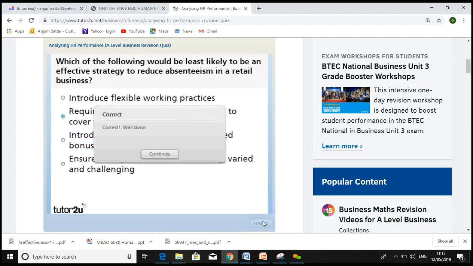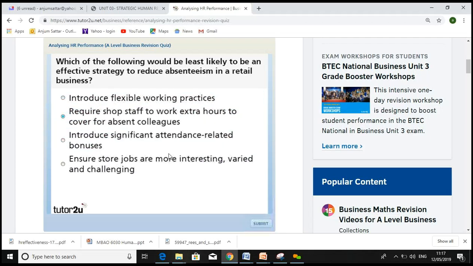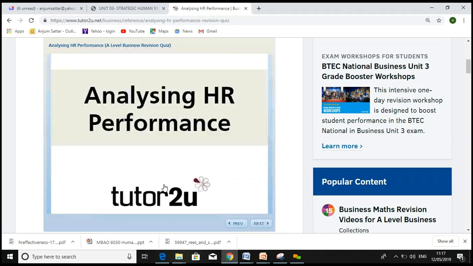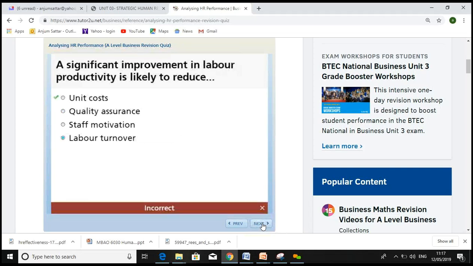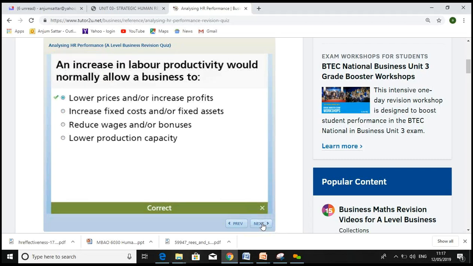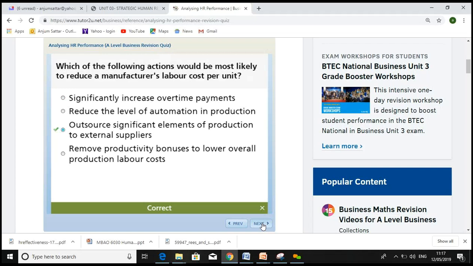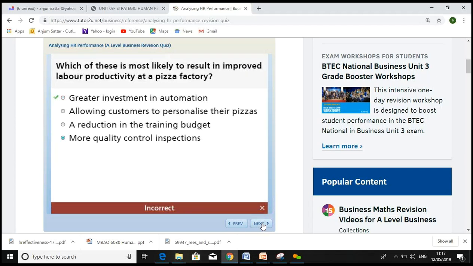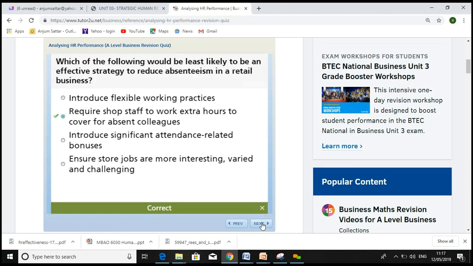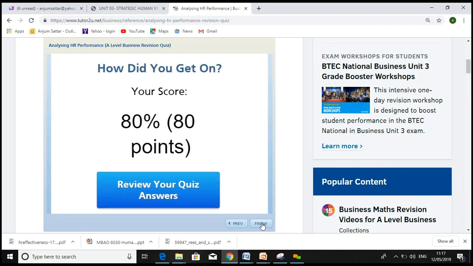Yeah. Well done, correct. So we had two wrong, so we'll go through them. That was the unit cost, yeah. And automation, yeah. Okay, well done. All others correct.